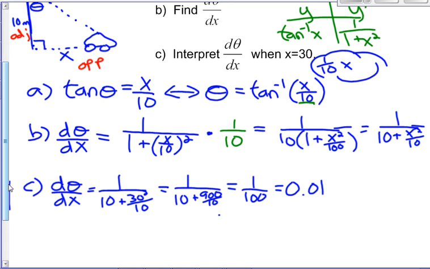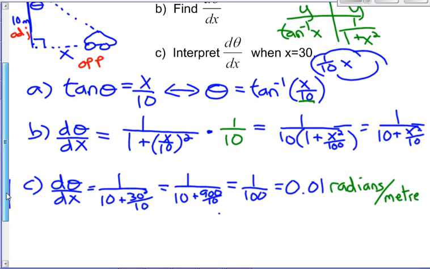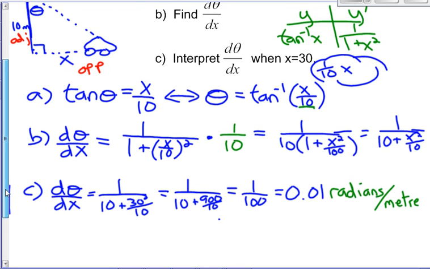Now remember that the Leibniz notation tells us about units. d theta, that was in radians. And x was in meters. So whatever this means, it's measured in radians per meter, for sure. And here's the interpretation.